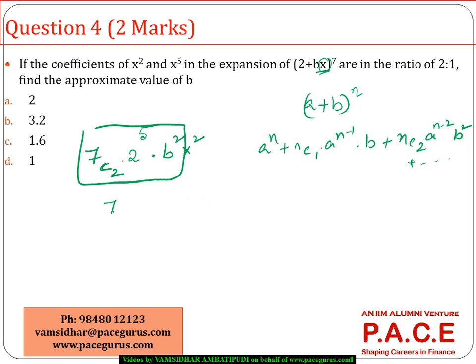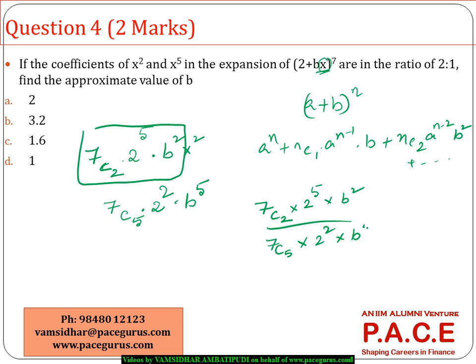Similarly, if I am doing the same, the coefficient of x power 5 term is 7c2 into 2 squared into b power 5. So these are the two numbers. So what we are saying is these two are in the ratio 2 is to 1. So 7c2 into 2 power 5 into b squared divided by 7c5 into 2 squared into b power 5 equal to 2.